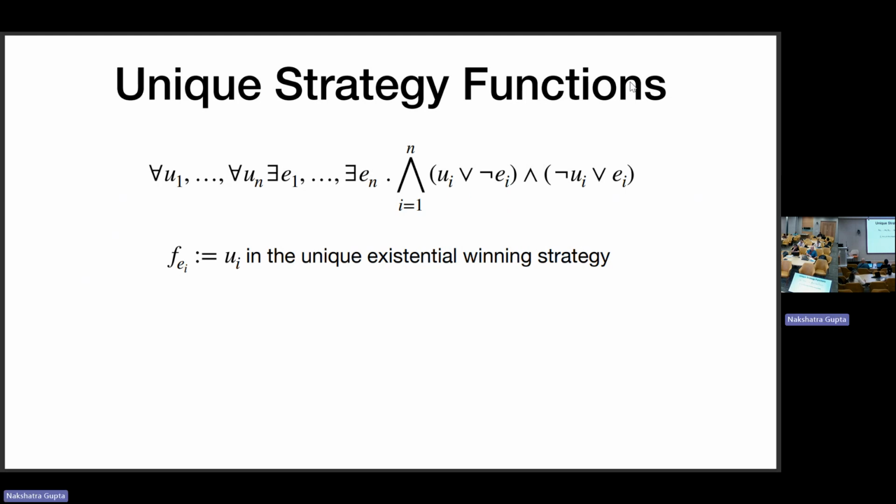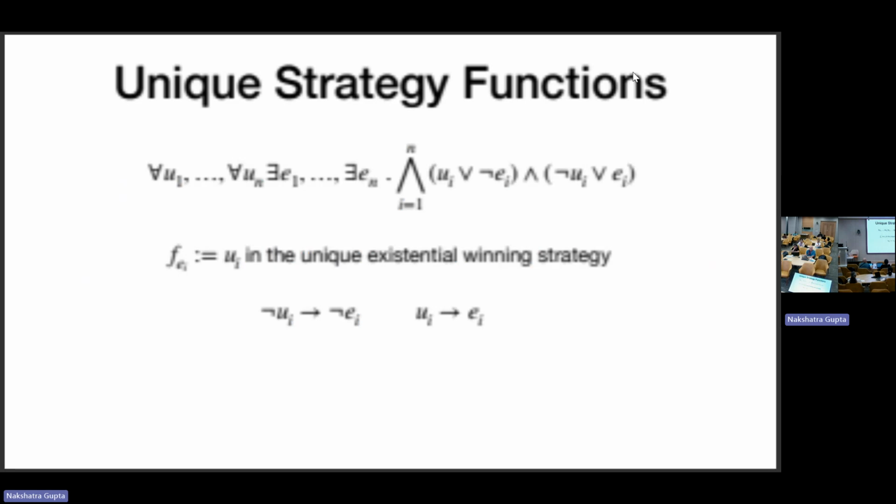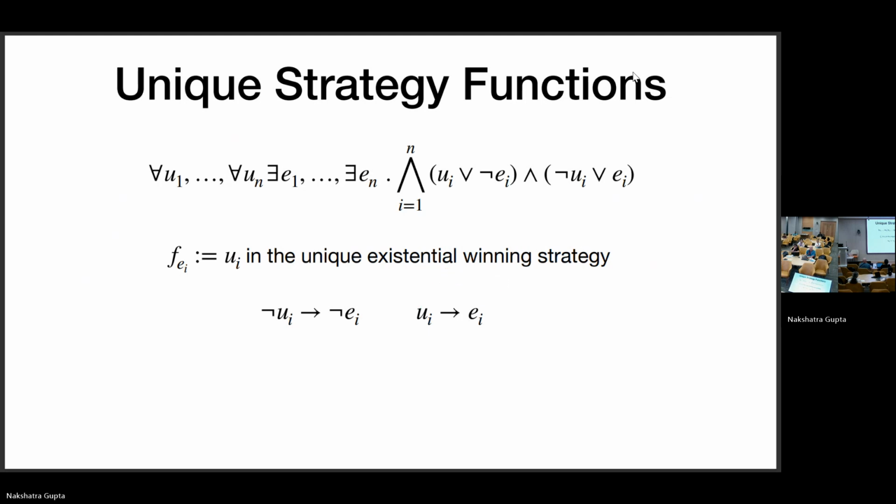There are really only two cases: if Ui is false, then Ei has to be false, and if Ui is true, then Ei has to be true. We can read these two clauses as implications. So that's what we get for this very simple example.